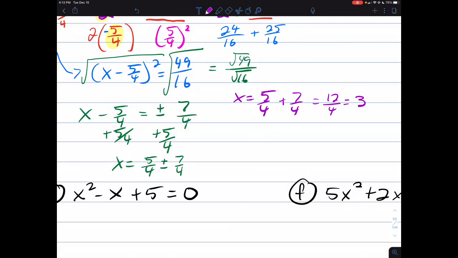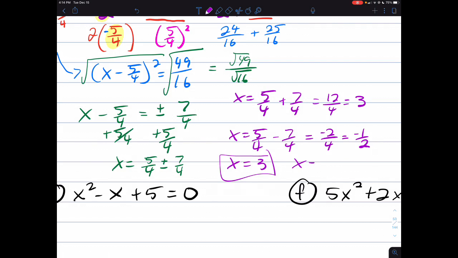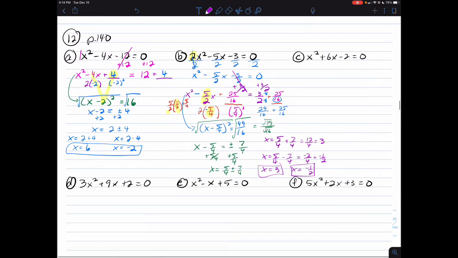And then 5 fourths minus 7/4 is going to give us negative 2/4, which simplifies down to negative 1/2. So our answers are 3 and negative 1/2. So that was B. Let's shrink it down.